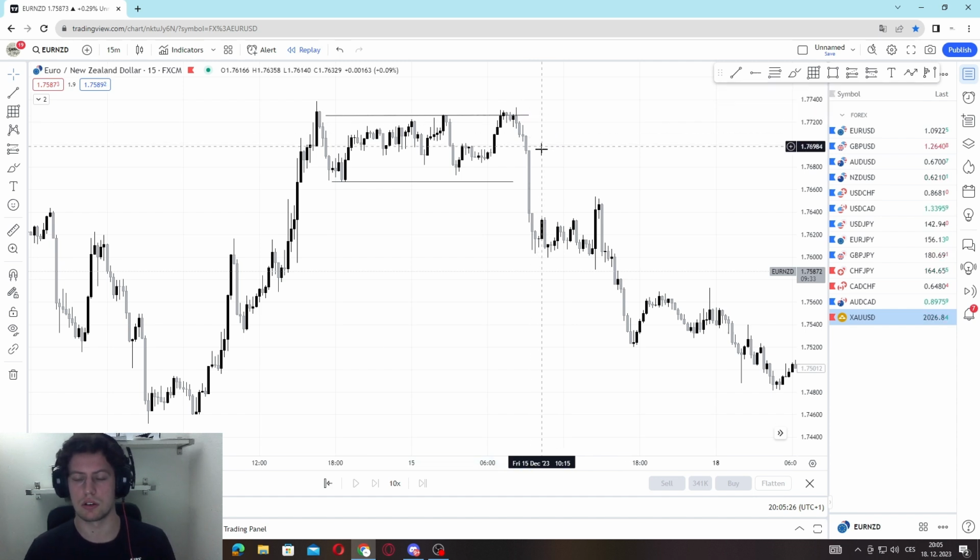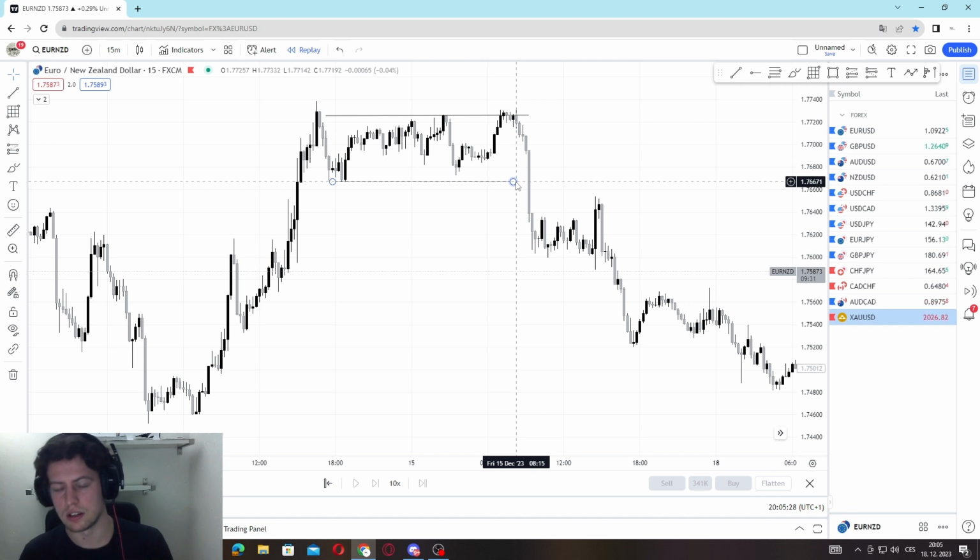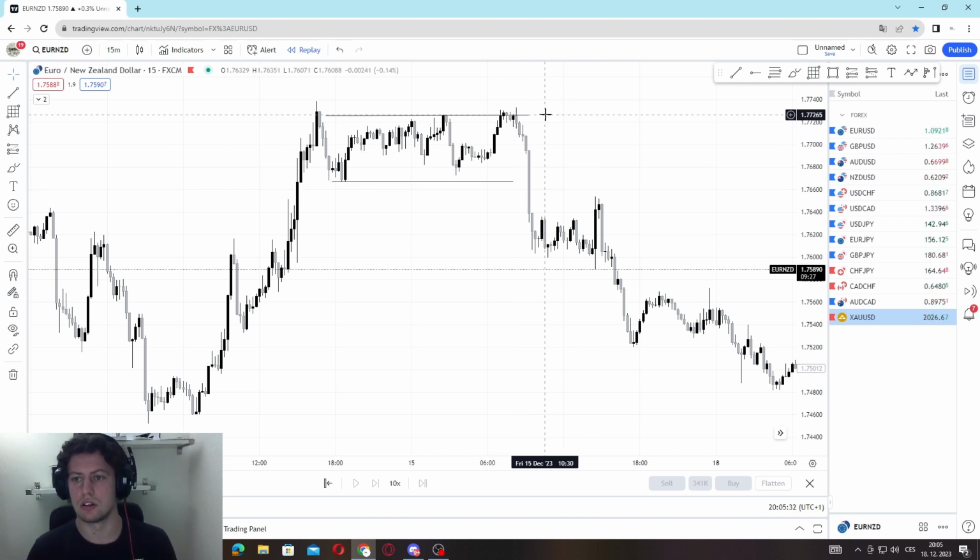So it's like this. I don't know if supply and demand is the strategy of the banks. I'm not an institutional trader. I am not from a hedge fund or a bank, so I don't know how they trade.